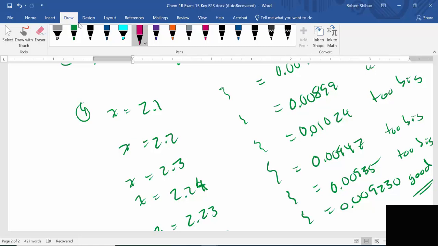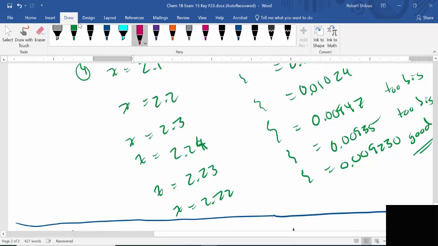So at 2.24, I get 0.0947. It's too big. So then I went to 2.23, which gave me 0.00935. That's still too big, but I'm very close now. Because I need 9.2, not 9.3 and 9.4. And then this just happened to work out lucky.